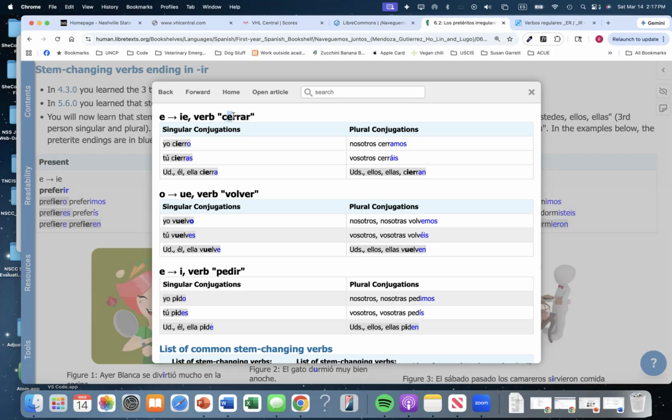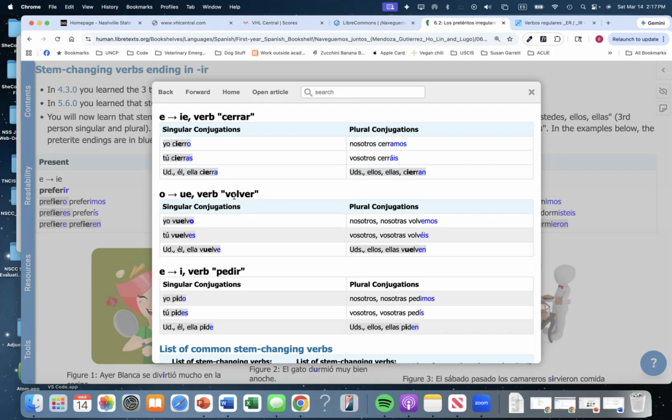In this case, we have cerrar as a model. We take that stem, that E, and we change it to IE when we conjugate the verb. And the result is yo cierro, tú cierras, él cierra, nosotros cerramos, vosotros cerráis, ustedes, ellos, ellas cierran. Remember that nosotros and vosotros never change the stem.